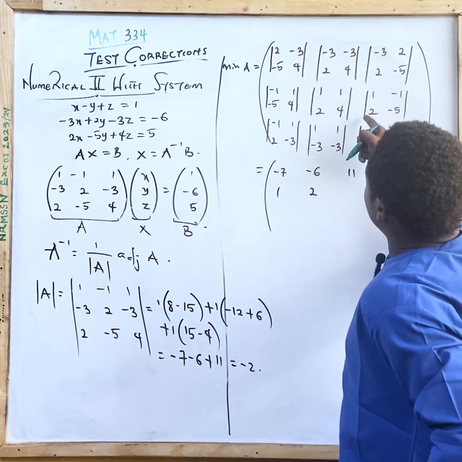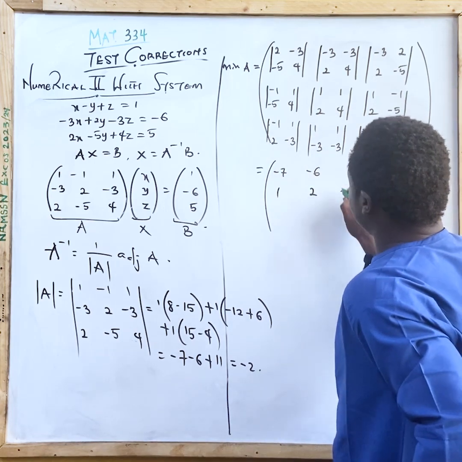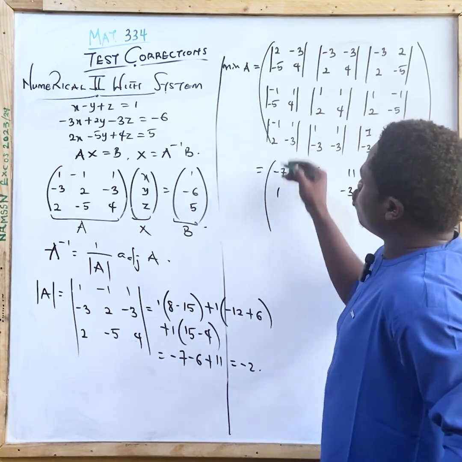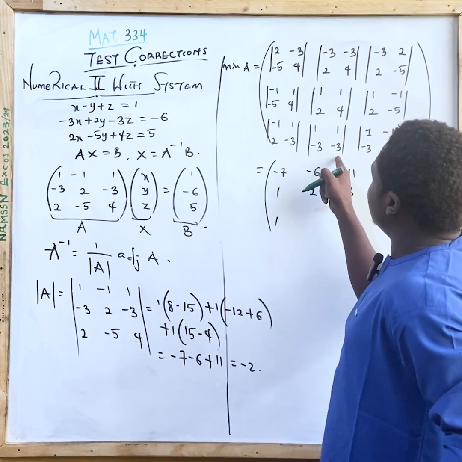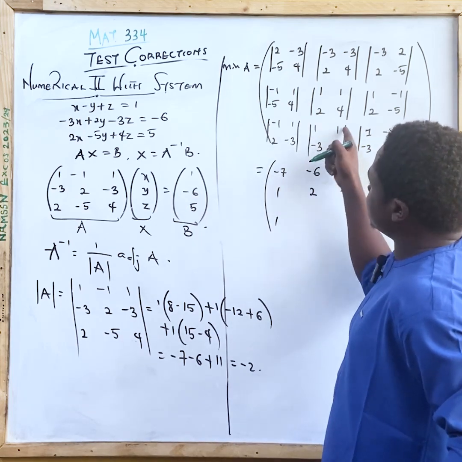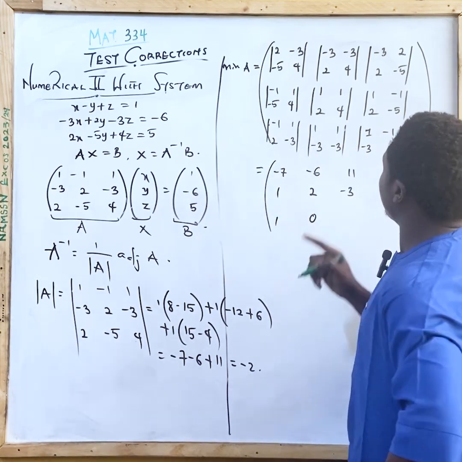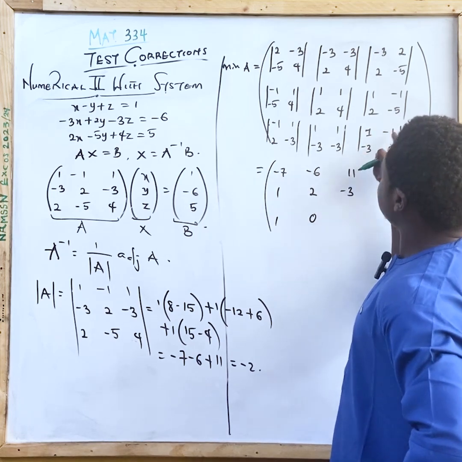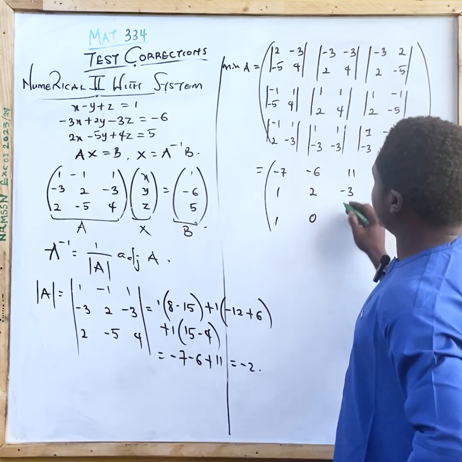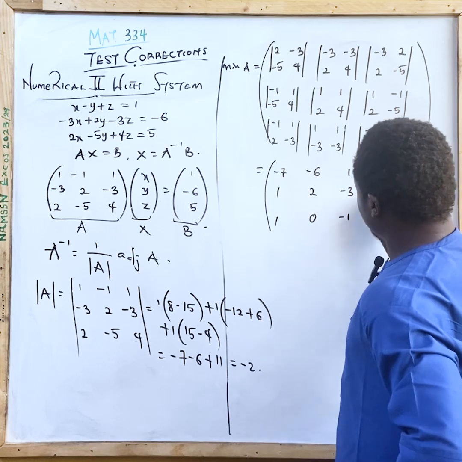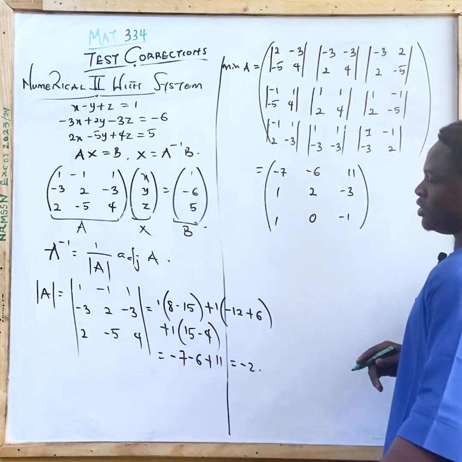Minus 5 plus 2, I have minus 3. 3 minus 2, I have 1. Minus 3 plus 3, I have 0. 2 minus 3, I have minus 1. So this is the minor of the matrix.